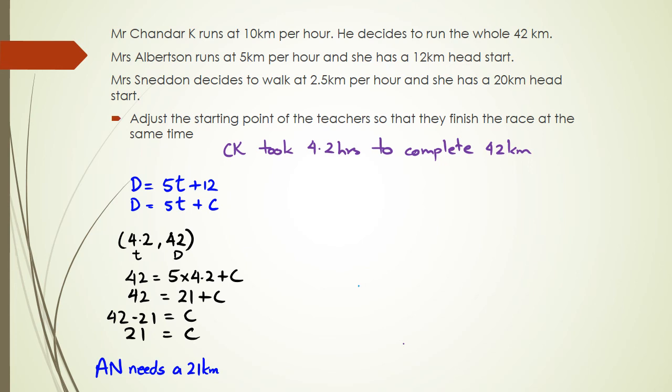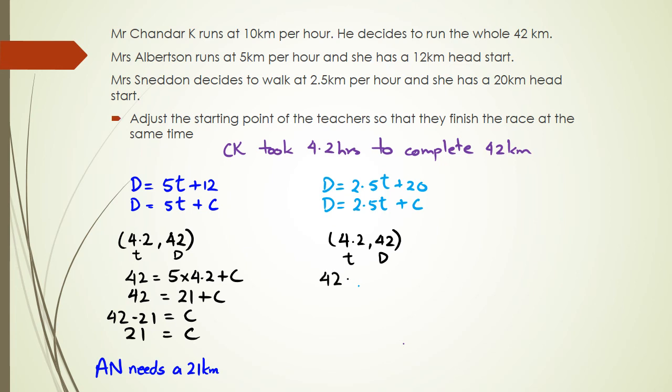So let's have a look at Mrs. Snedden's. Mrs. Snedden's original equation was 2.5t plus 20. All right, and if we were to do this, we got 2.5t plus c, because we're trying to figure out what her new starting point should be. And again, we want her to finish at 4.2 hours and 42 Ks, 4.2 being t, 42 being the distance.